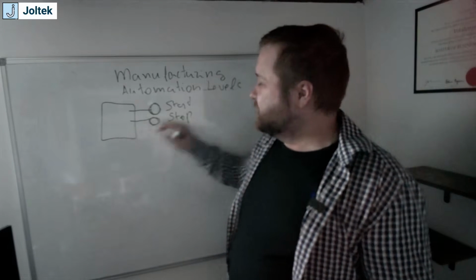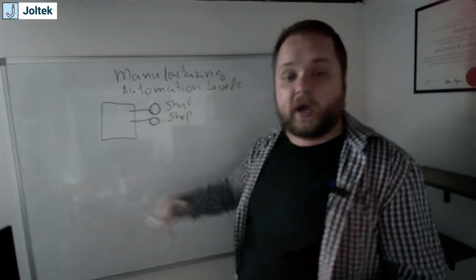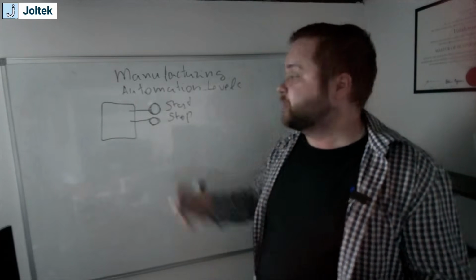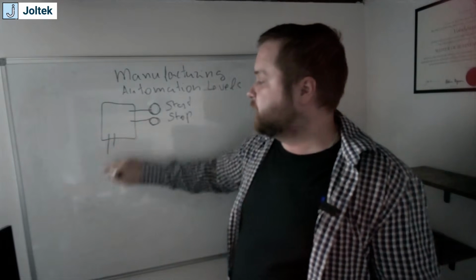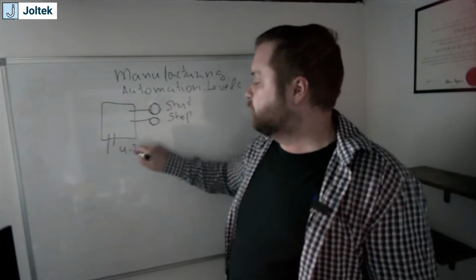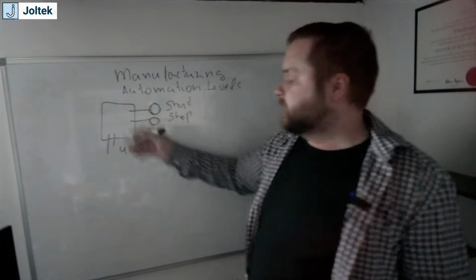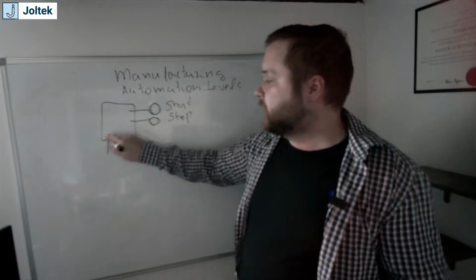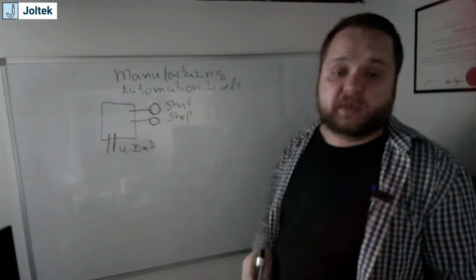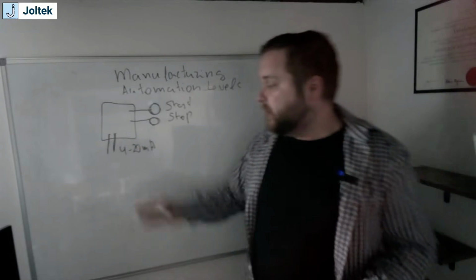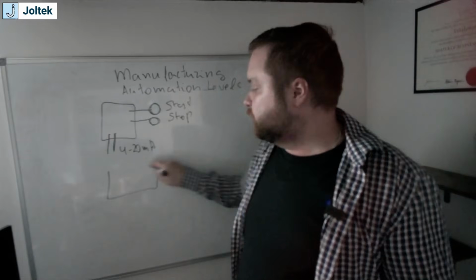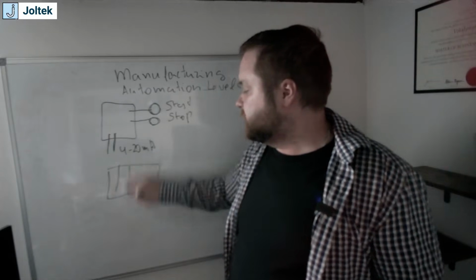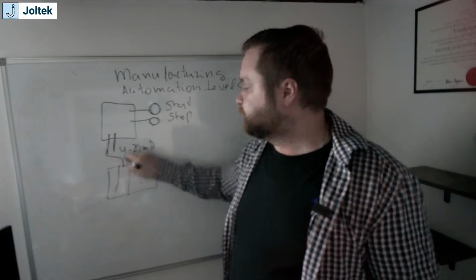So instead of doing a start and a stop, why don't we do current, right? So there's also a way to start and stop your VFD with 4 to 20 milliamp. Again, we can talk about voltage, but ultimately you're starting and stopping and controlling the speed based on this control loop. And so you have a PLC, this is the 4 to 20 output card.